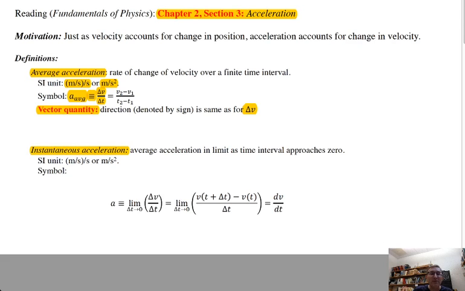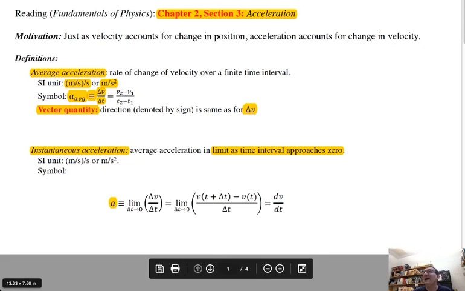That comes from the average acceleration in the limit as the time interval approaches 0. It has the same SI unit as average acceleration, meter per second squared. The symbol is just a lowercase italic a for acceleration, but it means instantaneous acceleration.